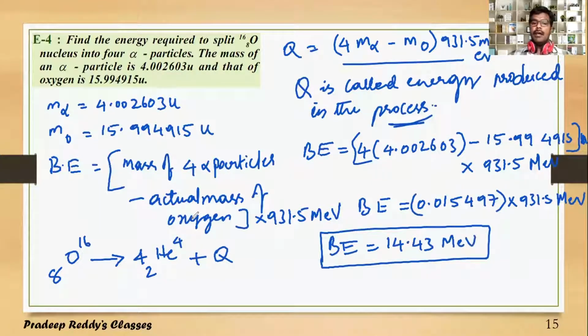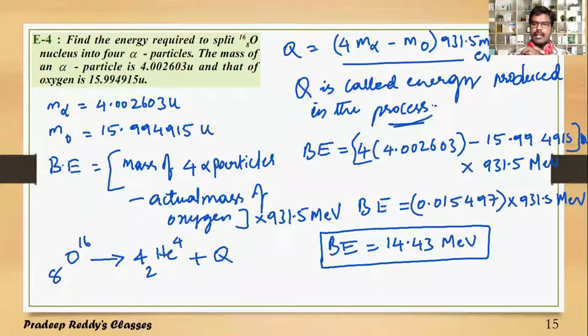That means in order to split oxygen into 4 alpha particles, you are providing 14.43 million electron volt. Because oxygen is a stable element, it is not unstable, because its mass number is low. As we have discussed in the binding energy curve, elements with lower mass number nuclei are very stable.